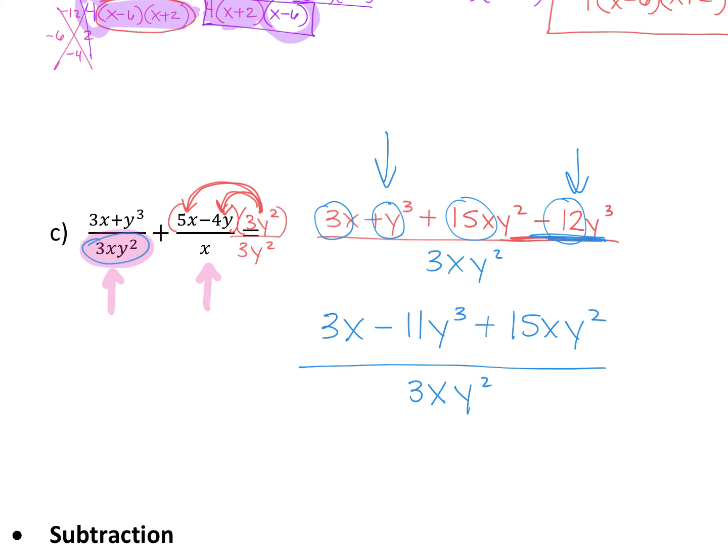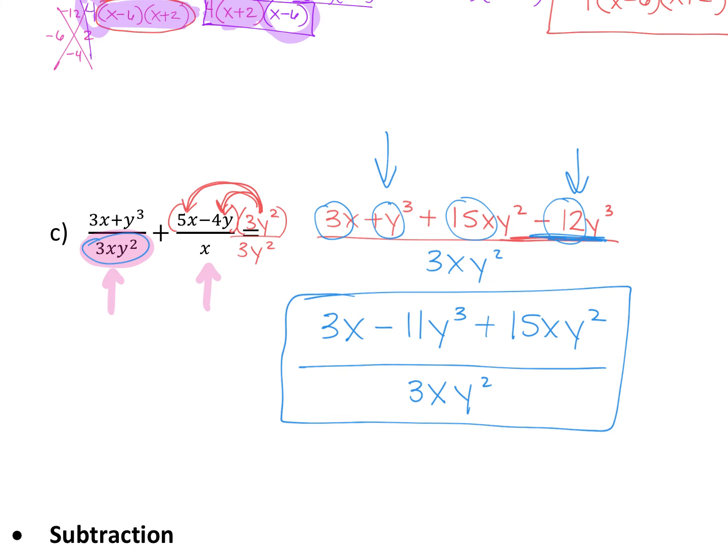Now it's so tempting to say I should be able to reduce this, but because you're adding and subtracting, you have to be able to do whatever you're doing here to all three pieces, and we cannot. So you have to just be done at that point. I know it sounds wrong, but if you can't do it to everything, you can't do it to anything. That is your answer.